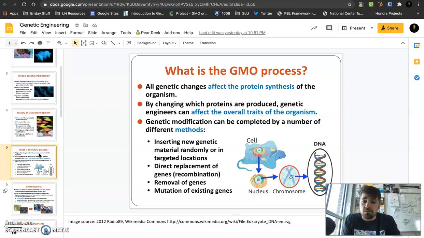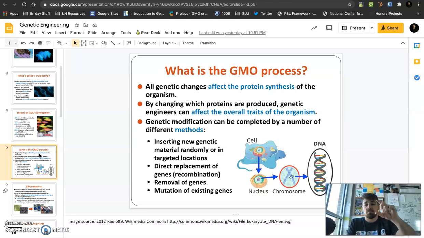You can insert new genetic material randomly or in targeted spaces. So if you had a strand that was AAA and you wanted to change that, you could put in a TTT in the middle of that, and that would change the protein that's being made. You can directly replace genes.